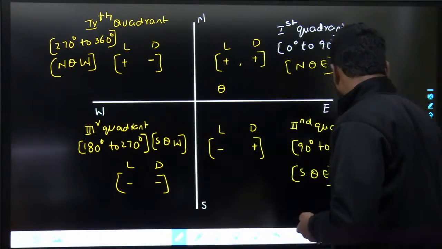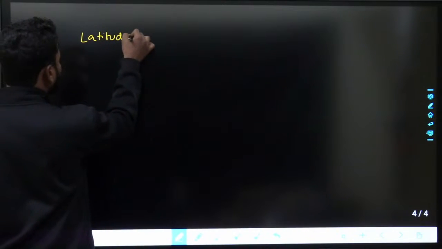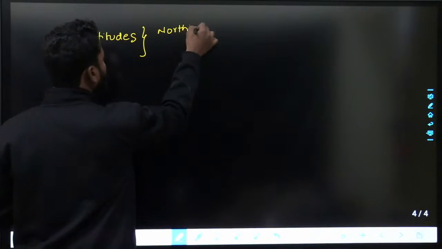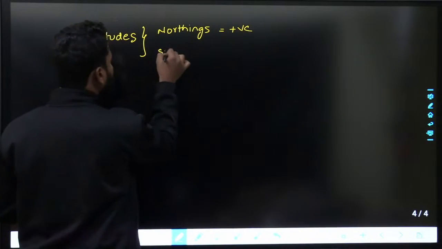Fine. So for latitudes, northings is positive, southings is negative.